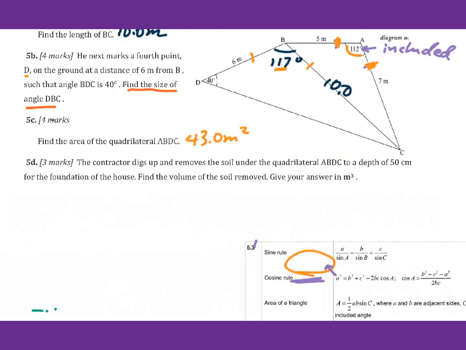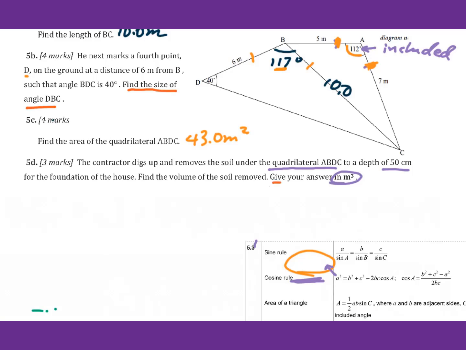The contractor digs up and removes the soil under the quadrilateral ABDC to a depth of 50 centimeters for the foundation of the house. Find the volume of the soil removed. Give your answer in meter cubed.